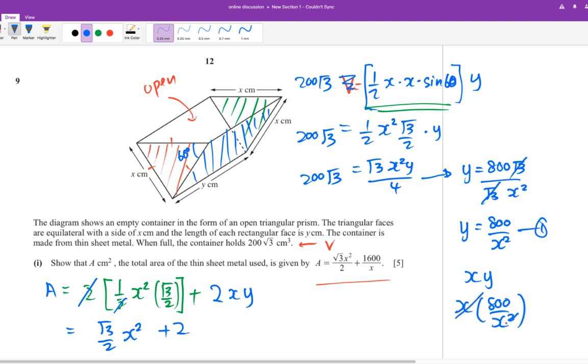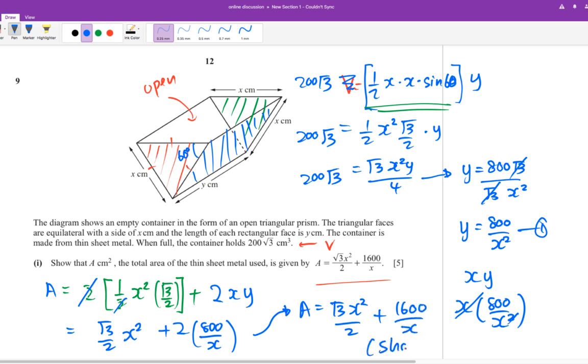So I simplify, it's 800 over x. Then you will realize I actually get the answer already. So it's surd 3 x squared over 2, plus 2 multiplied by 800, you get 1600 over x.